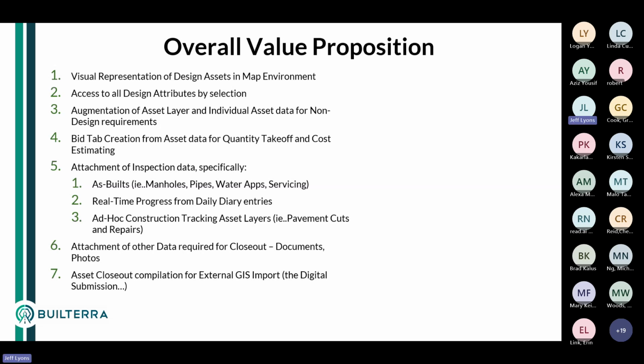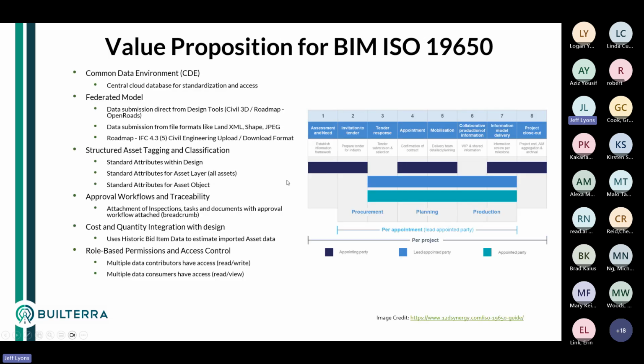The other thing is we were talking about the BIM ISO 19650. This is a standard that we probably don't talk about very much here in Canada, but it really is about centralizing the entire project data set, everything from pre-construction data, construction, post-construction. So Builterra is really a great solution for that.